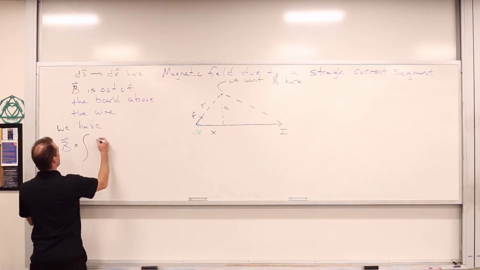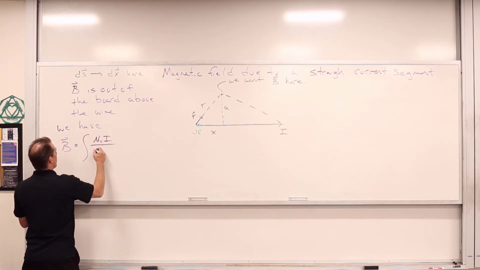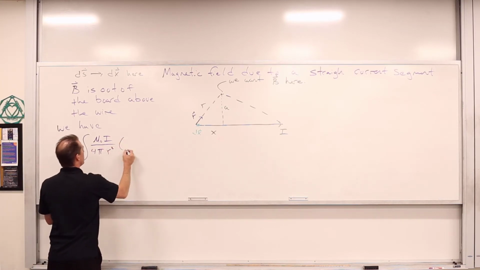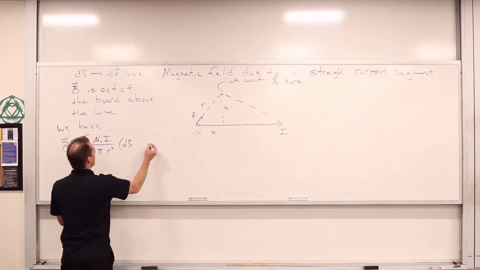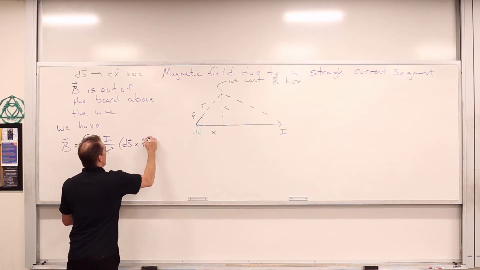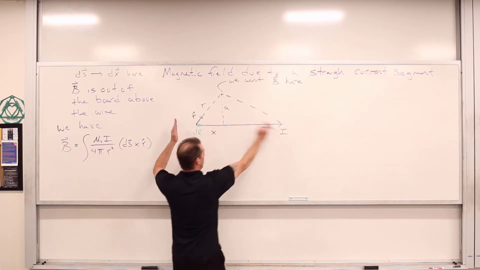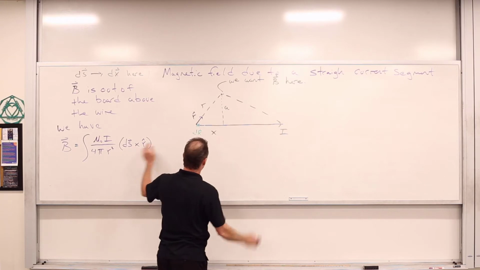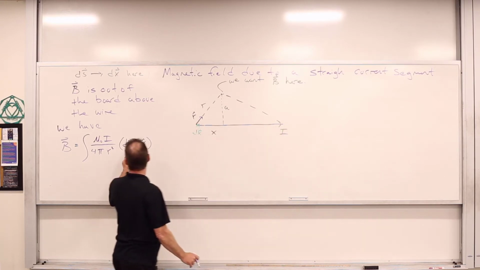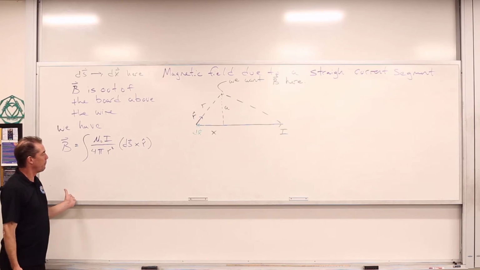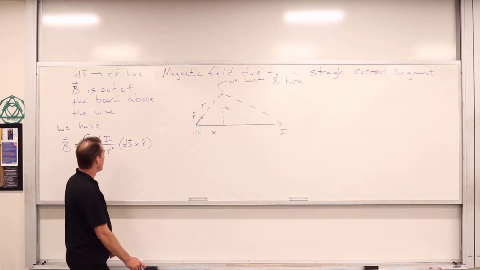We've got that it is mu 0 I over 4 pi r squared ds hat cross r hat. And we want to integrate over the total line element here. So we're going to change this around a little bit and start embedding some things that we have in here.